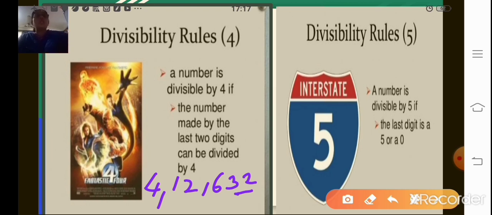If the last two digits are divisible by 4, you can say that the whole number is also divisible by 4. Again, in place of 32, if you have 20, you can say the number is divisible by 4. Correct?